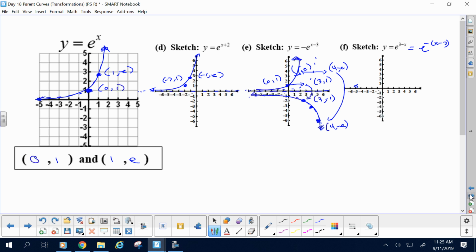This is the curve to begin with. What would the 3 do? Right 3, so we're going to go 1, 2, 3. And then what would the negative do? Flip it over the axis or just across the essential point? Across the essential point. So I feel like eventually it'll be like this.